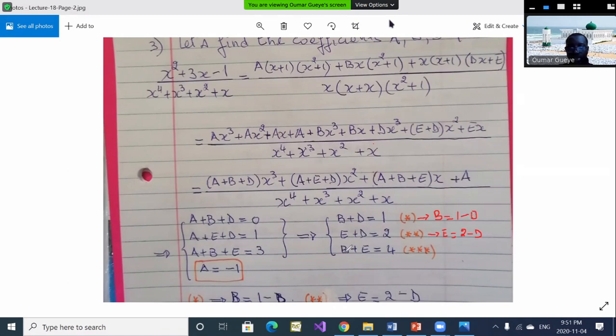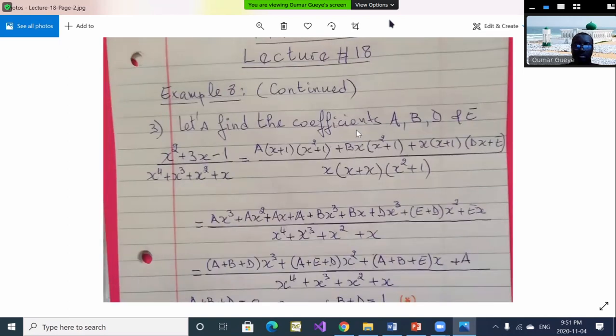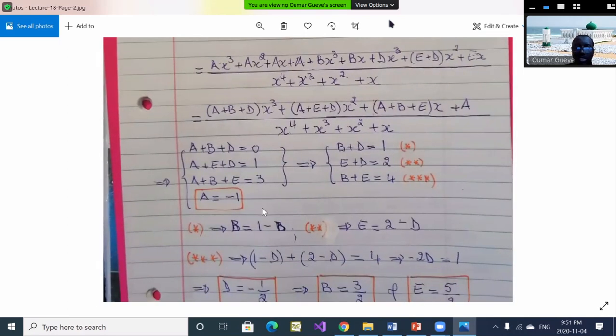B is 1 minus D and E is 2 minus D. From star, the first equation, I have B equal to 1 minus D. From double star, I have E equal to 2 minus D. Now I'm going to substitute B by its value in the third equation, the triple star, and E again by its value here.